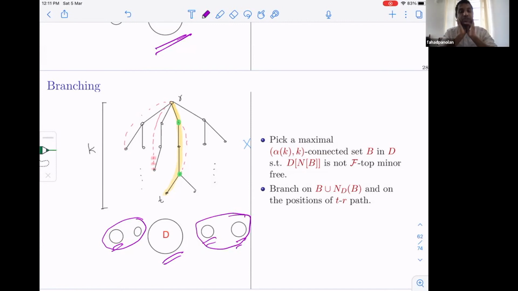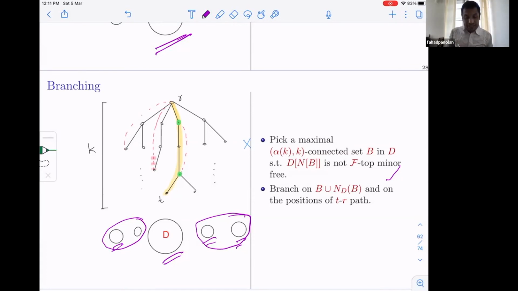If it is not bounded by alpha k, then again you can prove that our graph G is breakable, not unbreakable. So after exhaustively doing our branching, we look at all the small components at the bottom, and their size will be at most alpha k.